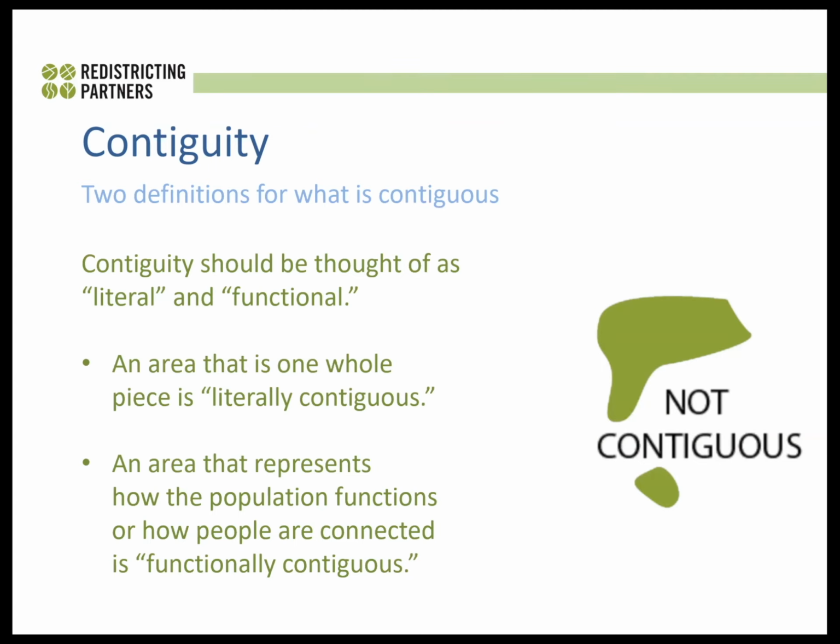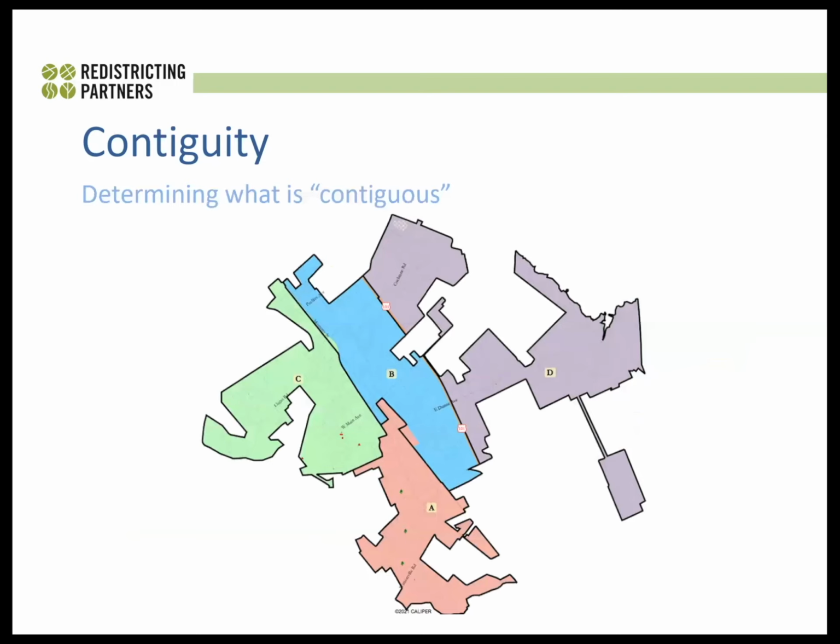So if you're looking at a map and it's one whole piece, then that would be literally contiguous. However, functional contiguity is possibly a different thing. So if you're looking at that same map, but there's a big mountain in the middle and you can't get around it, and you actually have to leave that district, go into a neighboring district just to get on the other side, then that would be functionally non-contiguous. So these are 2 things we think about when we're drawing lines.